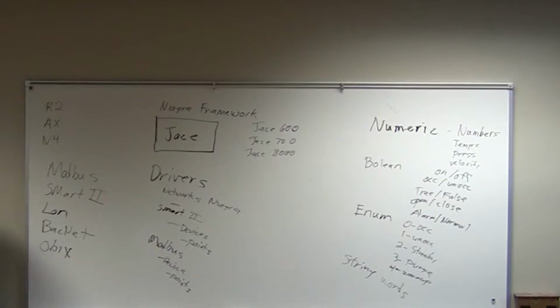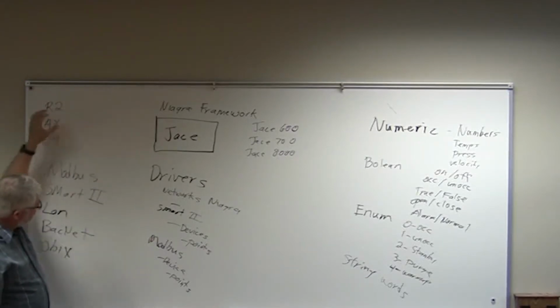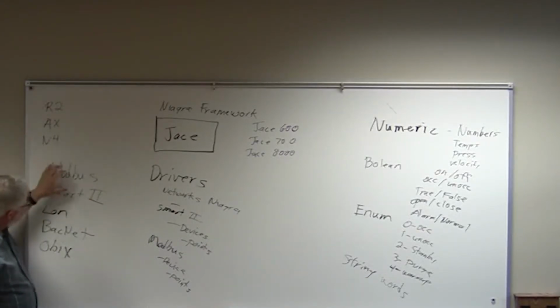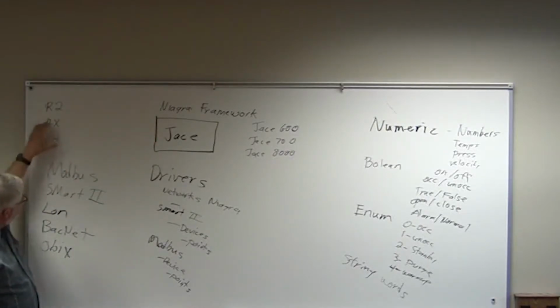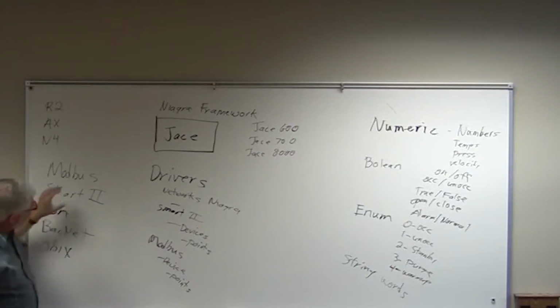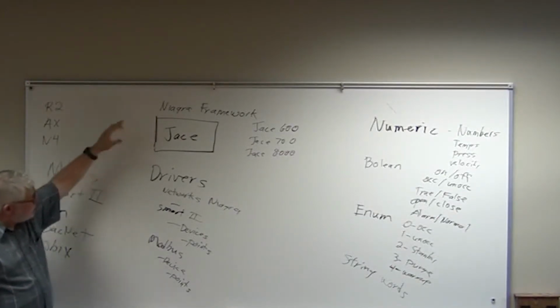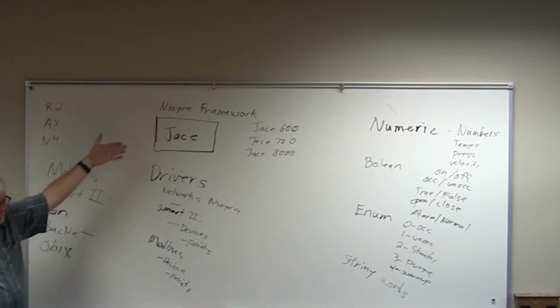So a couple of differences. When we were buying AX devices or JACEs to do AX, we bought a driver to put in that JACE. So if I needed to do Modbus on an AX box, I'd buy a Modbus driver. If I needed to do LAN, I'd buy a LAN driver. And then I could hook up whatever devices this could handle underneath it.